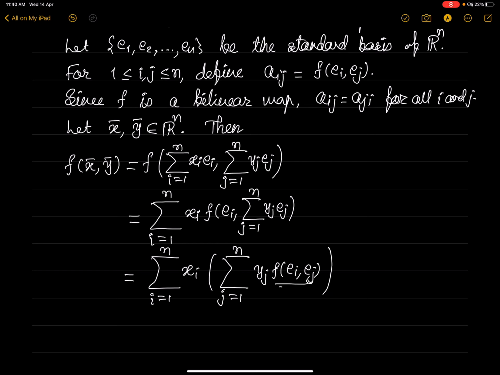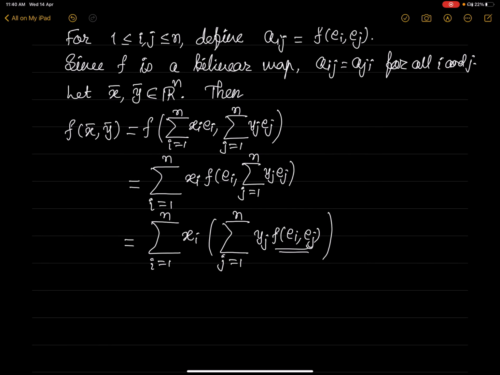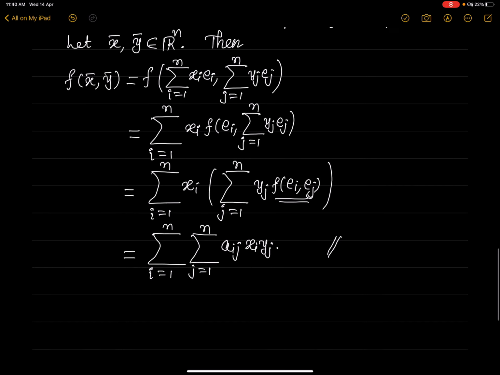But f of Ei, Ej is aij, so this sum can be written in the form summation i from 1 to n, summation j from 1 to n, aij xi yj. And so this finishes the proof. So we proved both the sides. If f has the given form, then f is a bilinear map on R^n, obviously, and if f is a bilinear map on R^n, then f has this form.